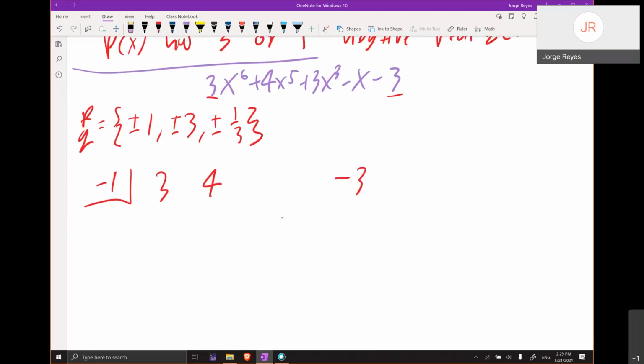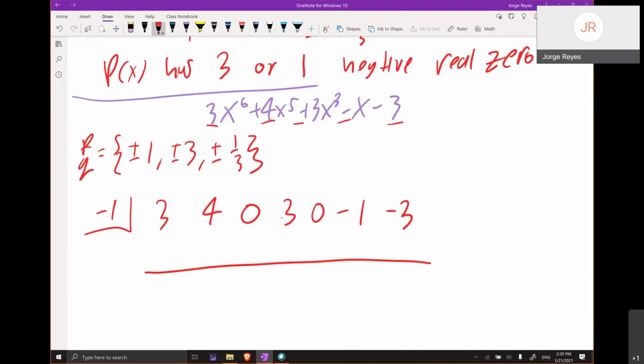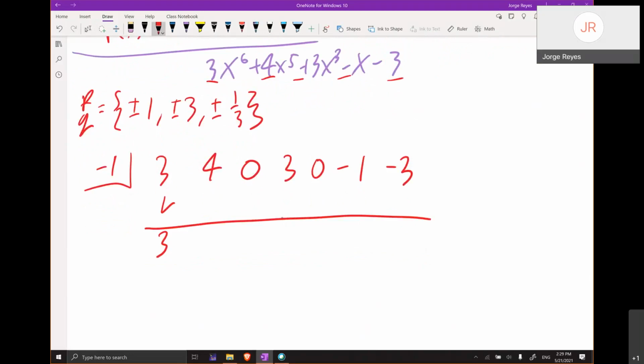Oh, but I'm missing some stuff. I don't have an x to the 4th power, and I also don't have an x squared. So it's very important that you get those zeros in there. Okay, so 3, 4, 0, 3, 0, -1, -3.